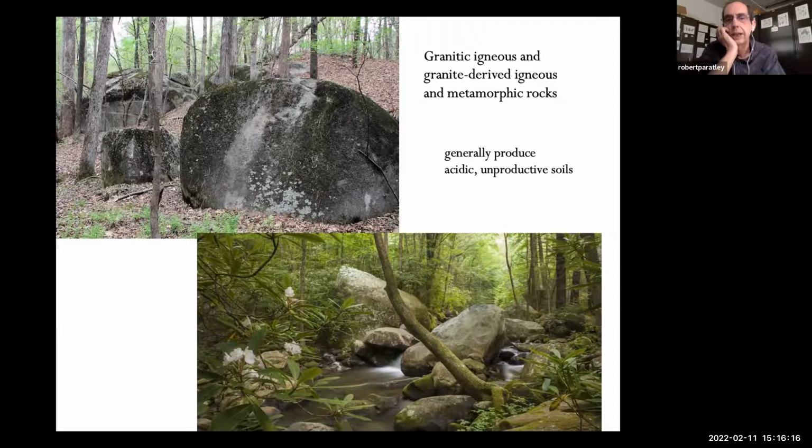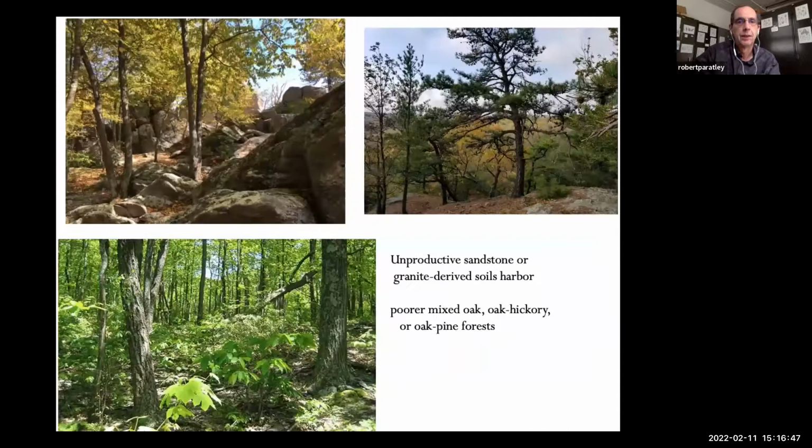The punchline here is that much of the mountains proper to the east of us are underlain with these kinds of rocks that create rocky soils in many cases. And they also create, generally speaking, a poorer soil, a soil with fewer nutrients, and it may produce a less diverse and a less productive forest.